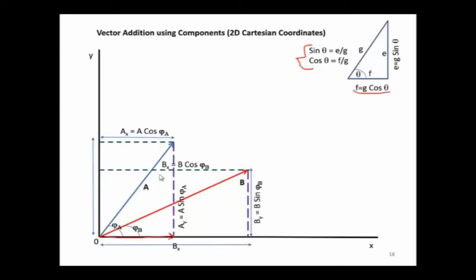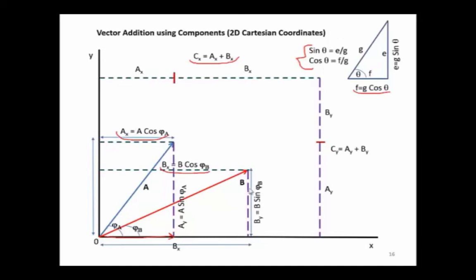The length of B sub x is shown here. The length of A sub x is shown here. So when we add them, we add the components. So here's A sub x, and then I have shifted B sub x up here, so here's B sub x. Adding those two together will give us the x component of the sum. So that's ax plus bx. We take B sub y and we take A sub y and we stick them on top of each other.